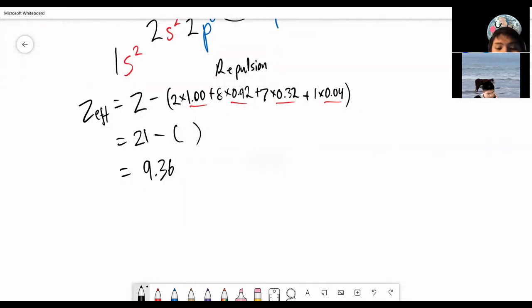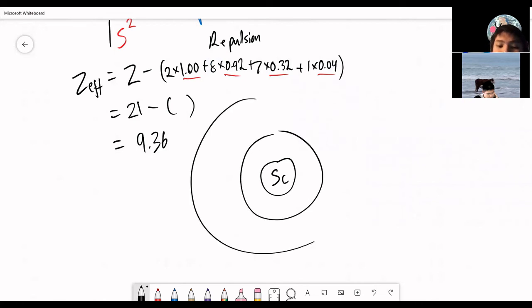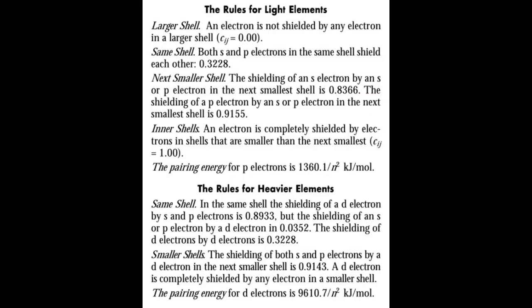So basically, for scandium, this is the n equals 1 shell, this is the n equals 2 shell, and this is the n equals 3 shell. The amount of force and the potential energy of this electron in the 3s2 orbital is going to be equivalent as if the nucleus had a charge of positive 9.36. And for reference, this is what Slater's rules look like in more depth.